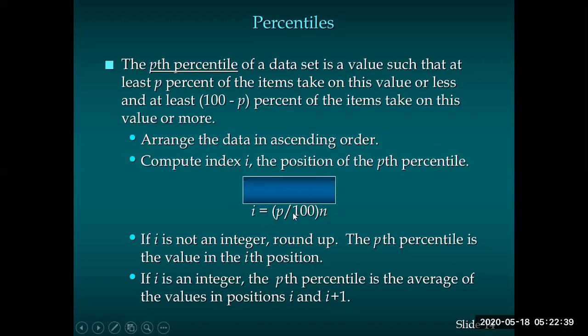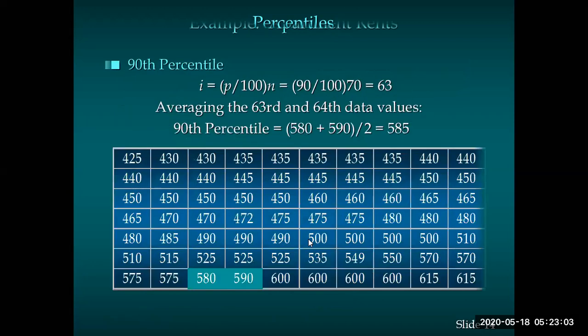So from this, some i value will pop up, and that value will either be an integer or not an integer. If it is an integer, you have to take the average of the position i and the next number. And if it is not an integer, you have to round up the number. So that's a simple rule you have to follow with the data.